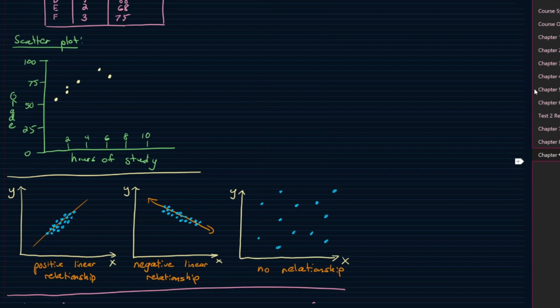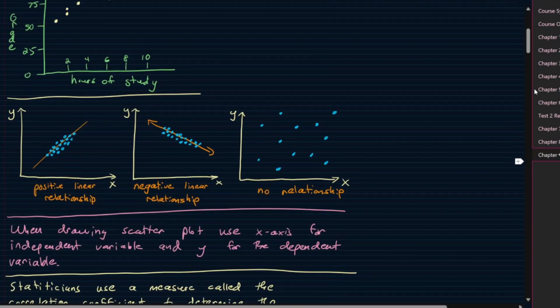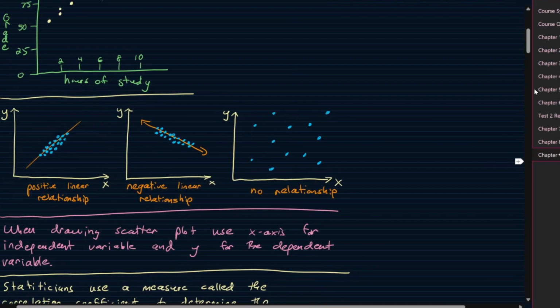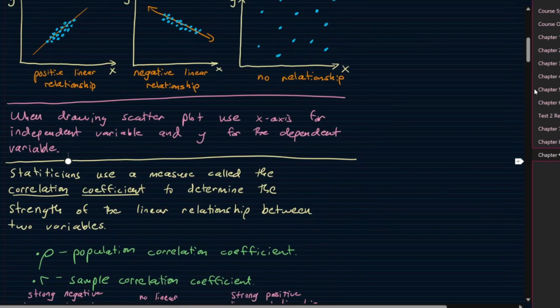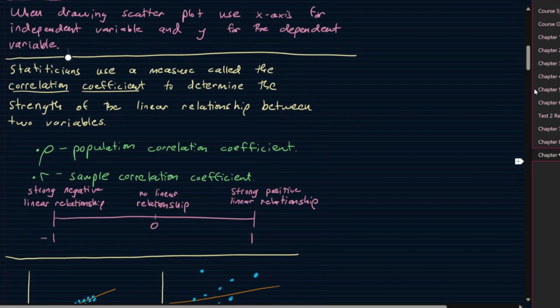You can't really connect them in any way. If you drew a line through them somehow, most of them would be very far away from that line of regression. And we can measure, essentially, this relationship based on a value called the correlation coefficient.